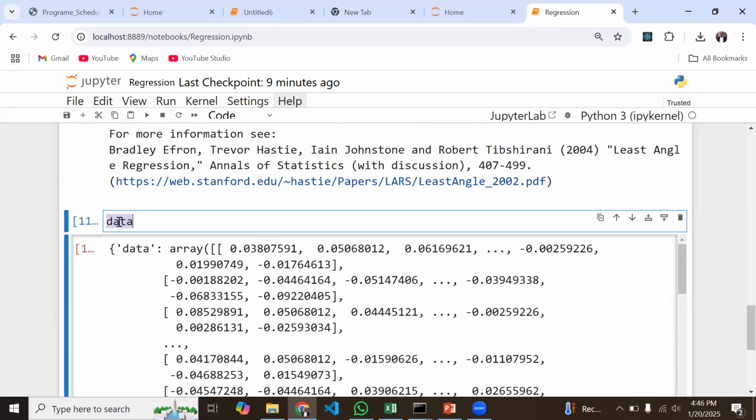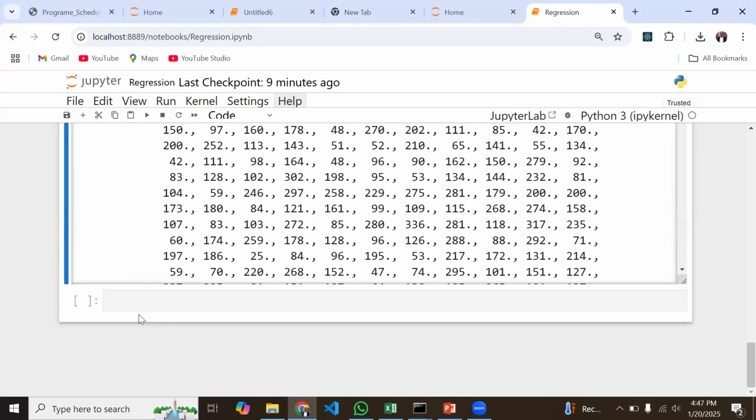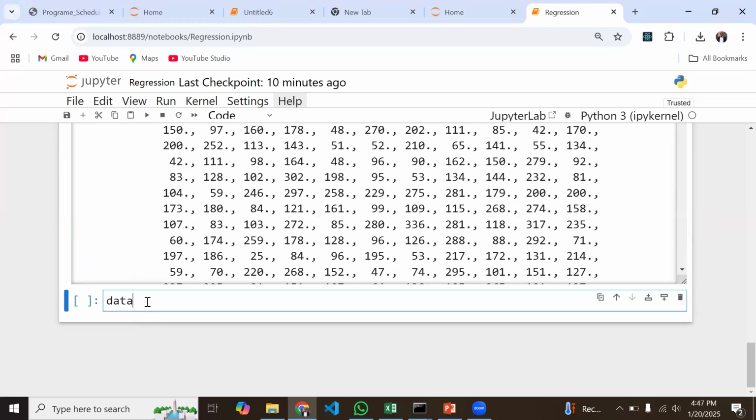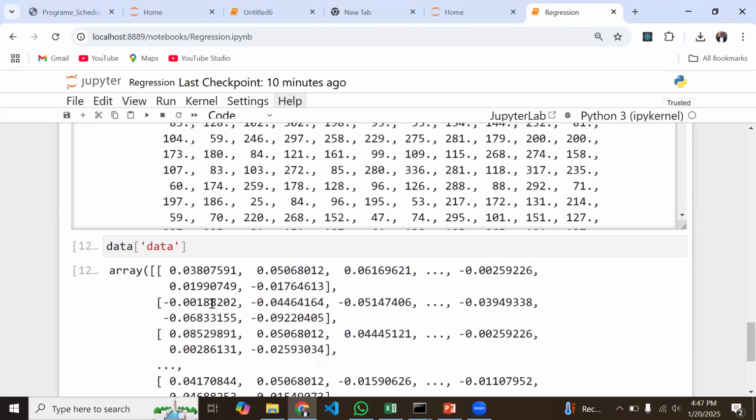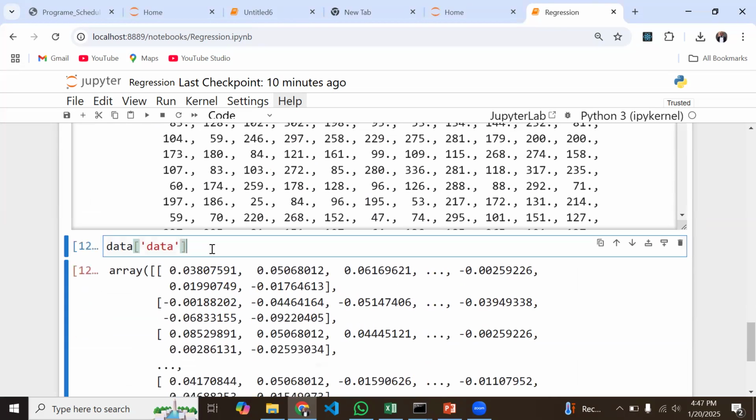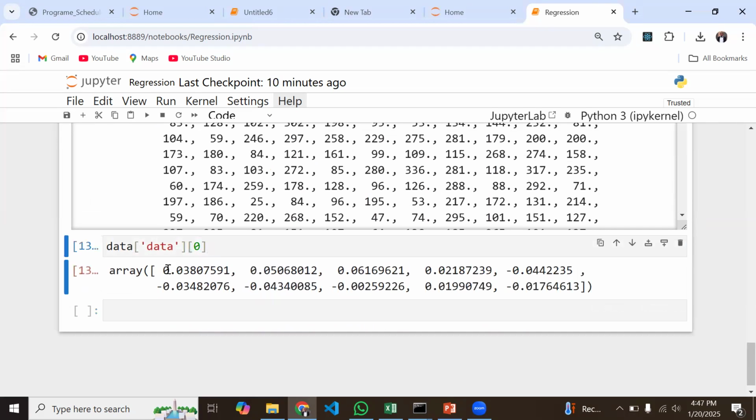If I do data and slice, we get the actual X components part of the data. If I grab the first instance of the data, this is what I have, and clearly we see some values showing up over here.